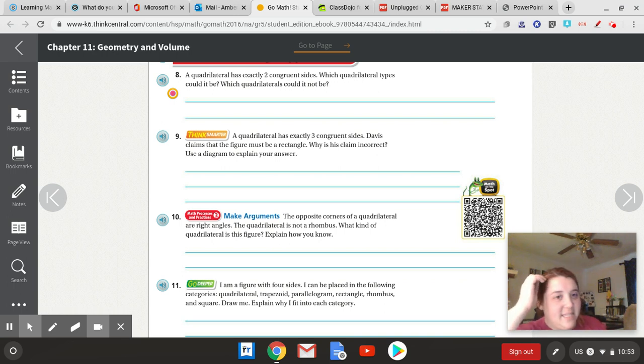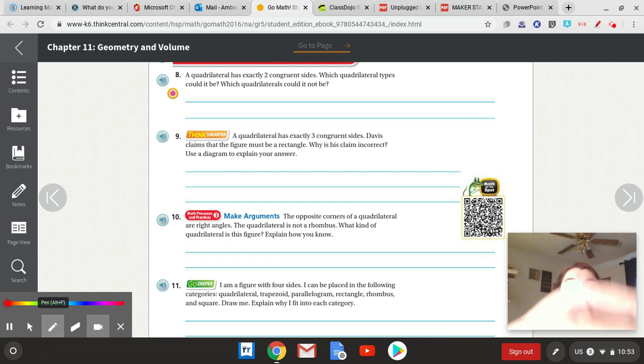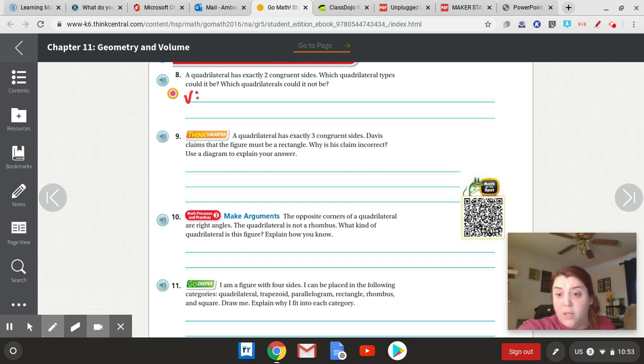All right, number 8. A quadrilateral has exactly 2 congruent sides. Which quadrilateral types could it be, and which could it not be? I'm going to put a check mark here to tell you what it could be. This is very not specific, so don't think too far into this. It tells you it has exactly 2 congruent sides.